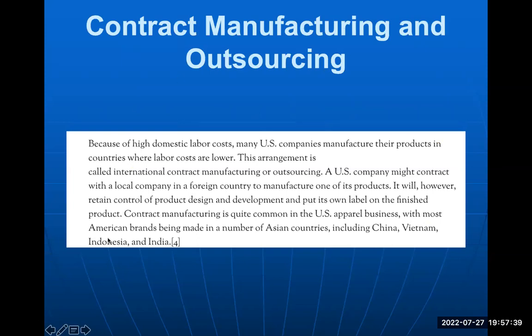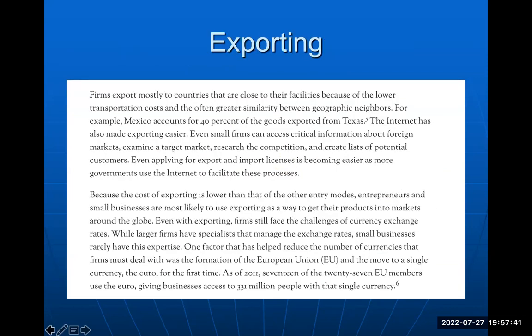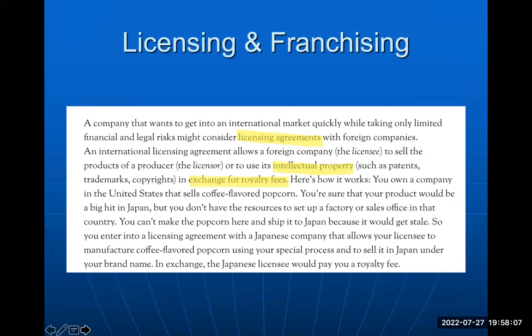So again, remember the discussion we're having is about how local companies in their countries participate in international trade or enter international markets. We said the first way is through exports. In other words, they're sending their goods and services to other countries. Licensing is where somebody is given permission to use the intellectual property of a company in exchange for royalties.